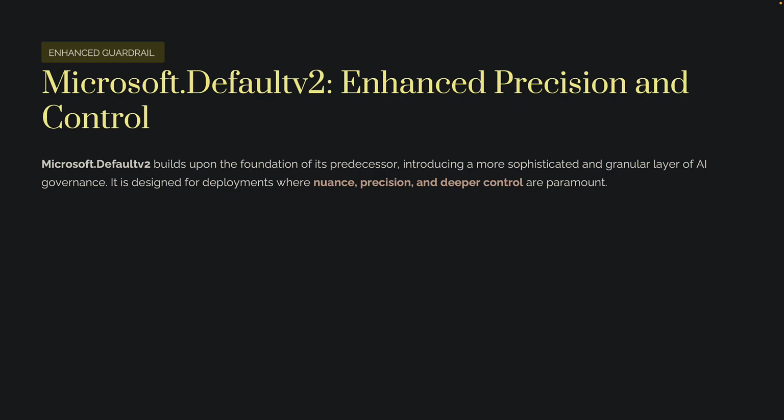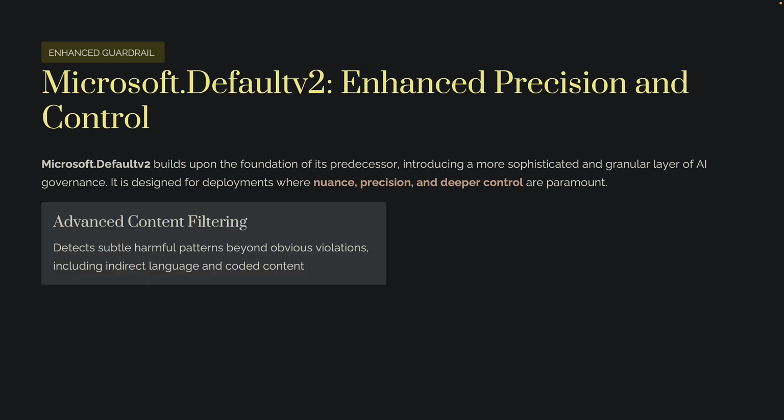If you create an agent today, automatically you will see, and we will take a look in a demo as well, it would be attached to Microsoft default V2. It is a collection of controls and policies that detect risk, decide when to intervene, and take the action. So what was the biggest change? The biggest change was that V2 is more context aware, more configurable, an enterprise-ready safety layer, right?